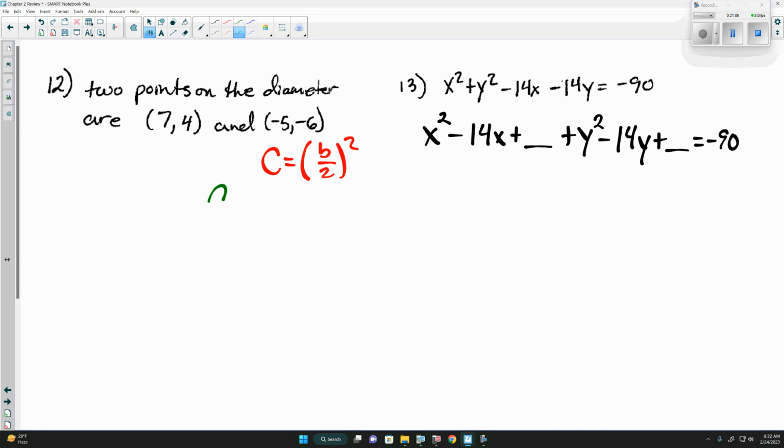And we get that b value from the term with the variable to the first power. So with x, it's negative 14. Now negative 14 divided by 2 is negative 7. And negative 7 squared is 49.